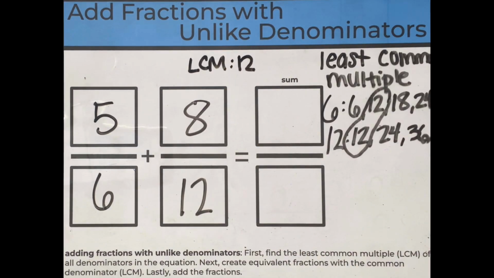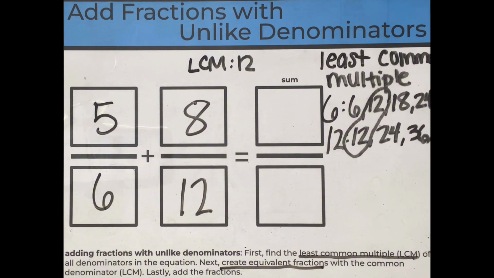Okay. Now, what's the next step? The next step says to create equivalent fractions. Pause the video and think to yourself, what is an equivalent fraction? Turn, share with your partner or neighbor.